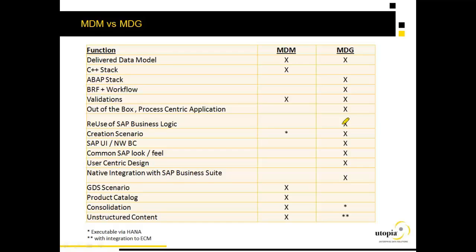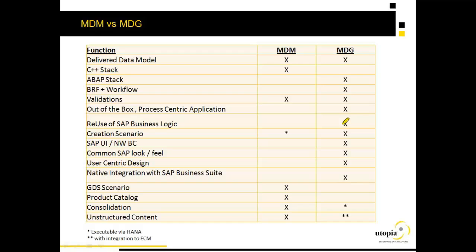In MDG, you have the common look and feel of the SAP UI, SAP GUI, and you can also leverage the NetWeaver Business Client. And it's a more user-centric design with authorizations and access control. With the integration with Business Suite, MDG also differentiates itself a little bit further than MDM. Although they are integrated, it's much more native with MDG.